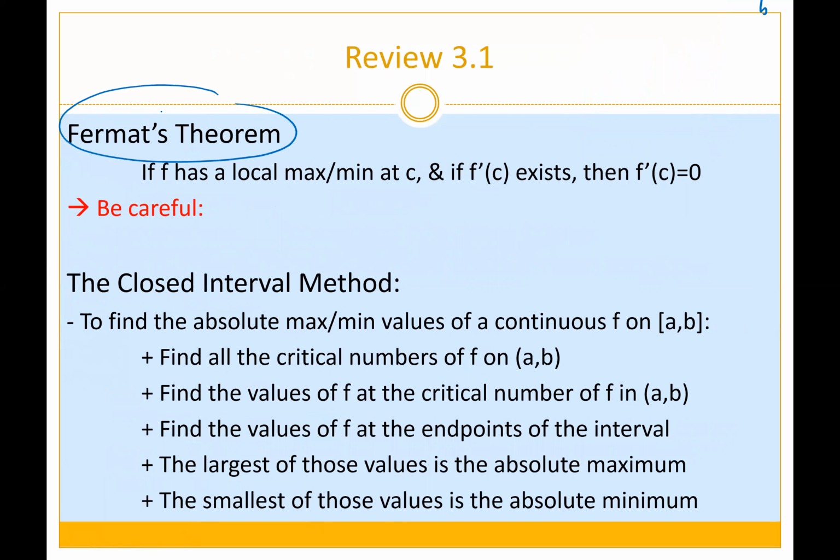Next we come to Fermat's theorem, which says if you have a local max or a local min at C, and if f prime of C exists, then f prime of C equals 0. Now be careful.